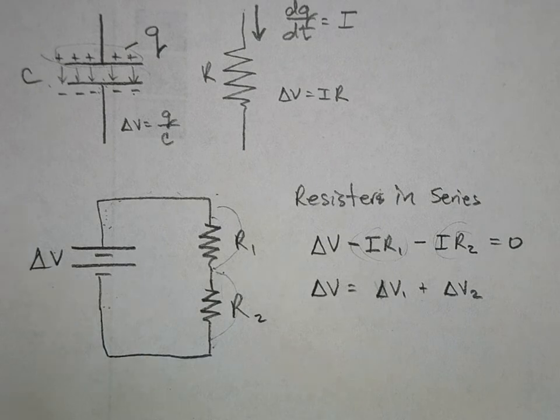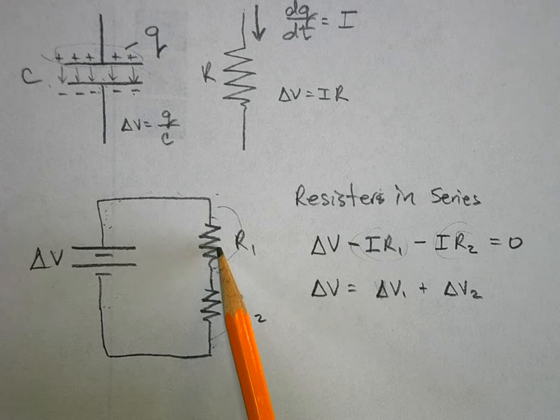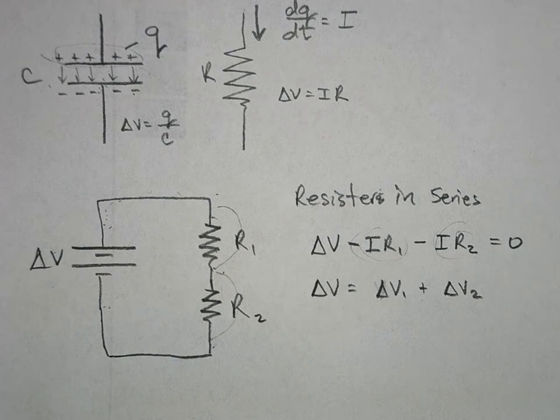This was the same, by the way, for capacitors, wasn't it? When they were in series, the voltages added. But what's the same for the resistors? What's the same for R1 and for R2? The current flowing through them.